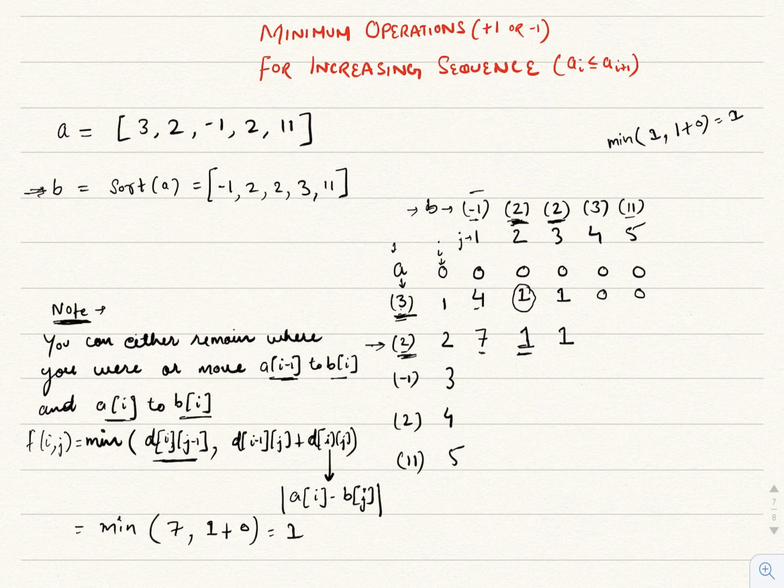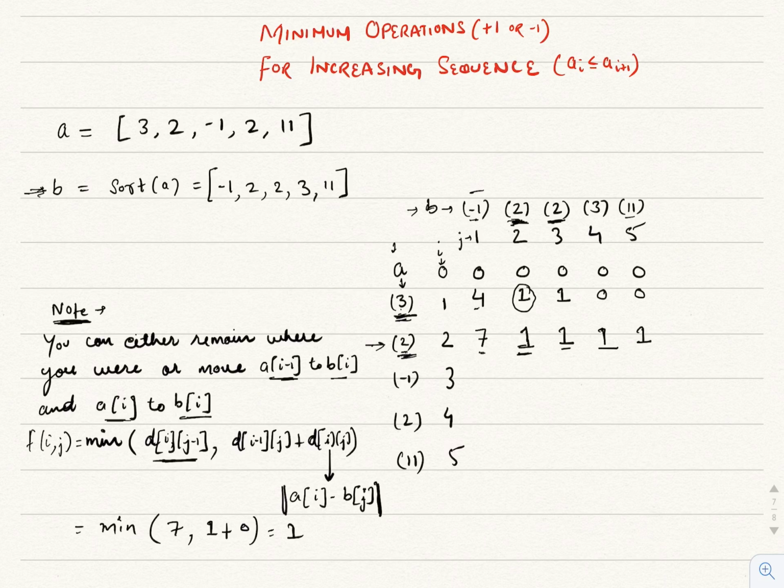For the next one as well, either we're going to remain where we were, which is this 1, or we're going to move 3 to 3 and we're going to move 2 to 3, which is nothing but the absolute value of a_i minus b_j. So which is 2 minus 3, which is minus 1, and the absolute value is 1. So minimum is 1. And for the next element it's also going to be 1.